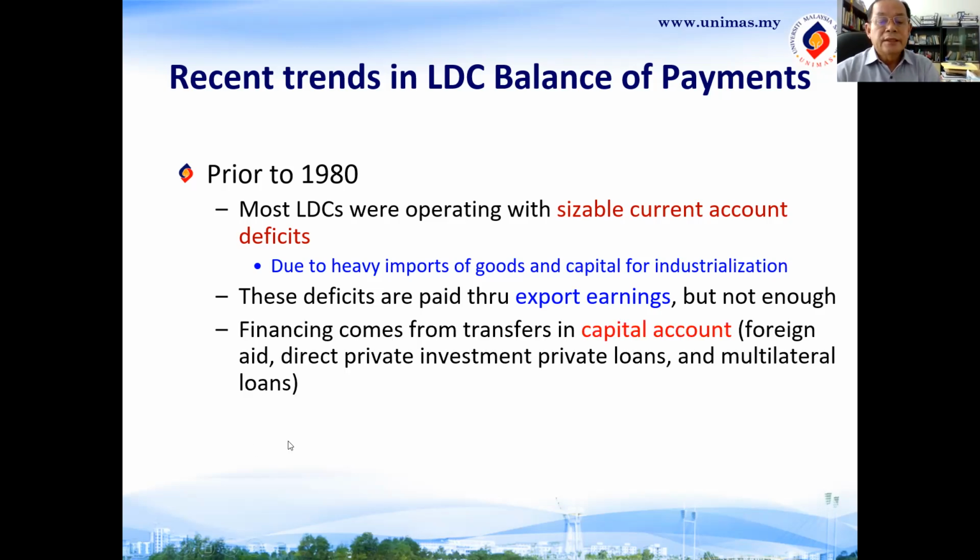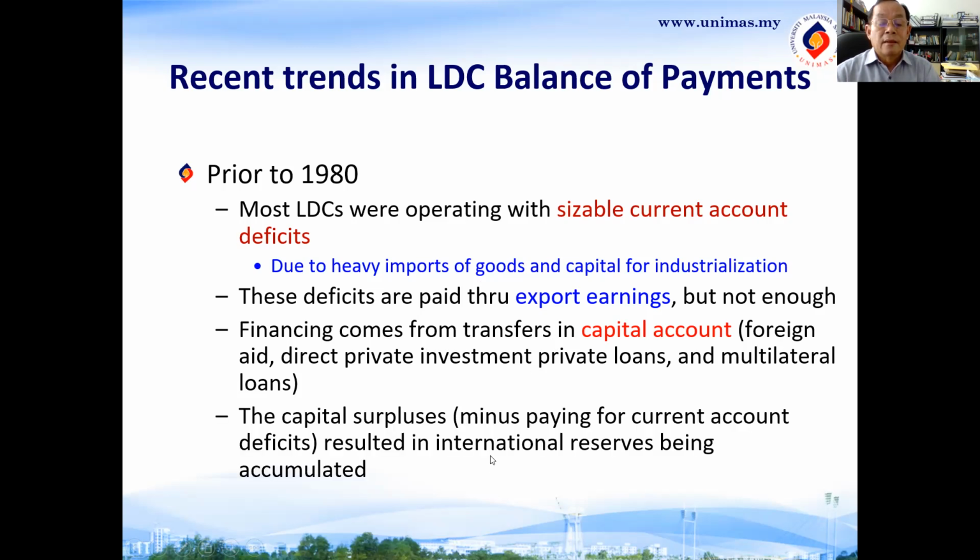So financing then comes from transfers in the capital account, which is from the foreign aid, the direct private investment, private loans, and also multilateral loans as well. Jadi finance-nya to pay for the deficit tadi datangnya daripada capital transfer in the capital account.